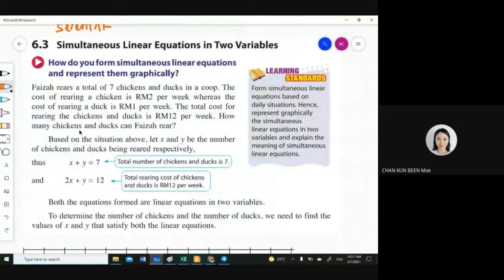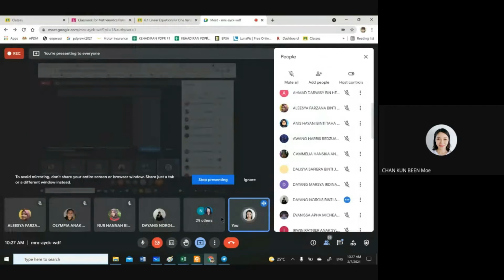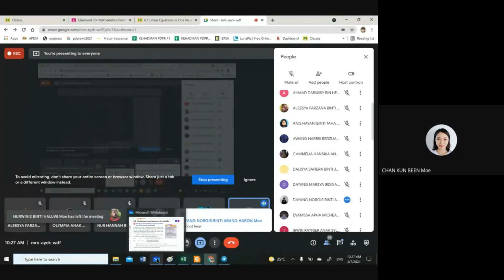Dayang Nogis, can you help me to read from the first paragraph here? Yes, madam. Okay, you read this first paragraph, huh? Can you see and read? Baca, Dayang Nogis. Can you see the word? Cannot, huh? Maybe you are using font. Awang Haris then. Awang Haris, can you hear me? Oh, Dayang Nogis cannot hear me.